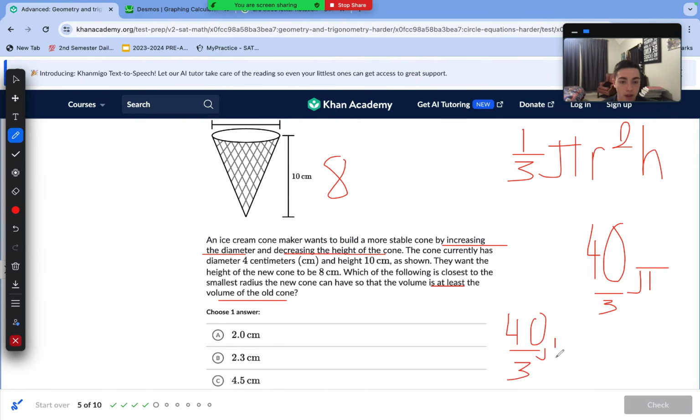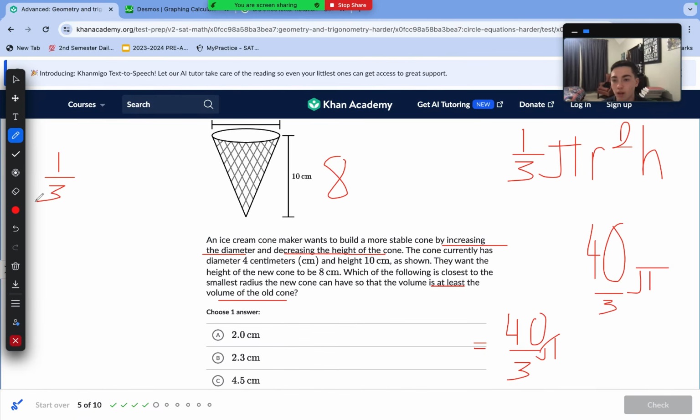So we basically need the radius value that gets us closest to this 40 over 3 pi. Given that h now needs to be 8, we can put that into our formula.